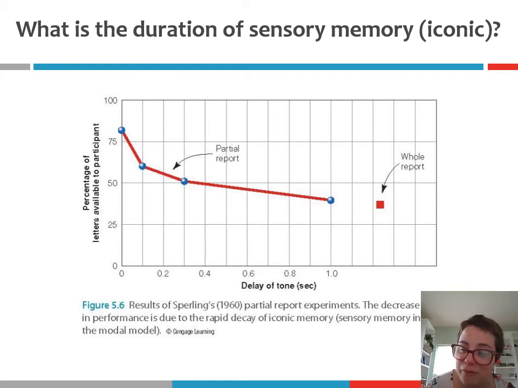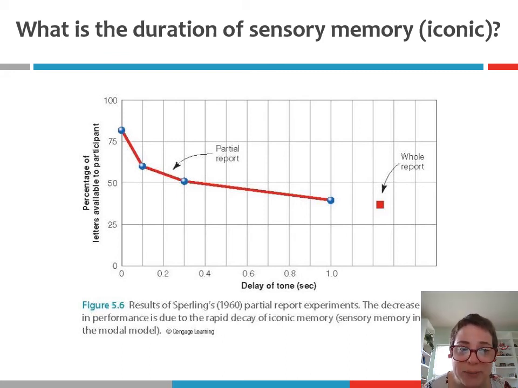So if we have to wait really any amount of time between the disappearance of the array and knowing which row we have to report, then the task is going to become significantly harder because the image starts to decay pretty much right away, right?